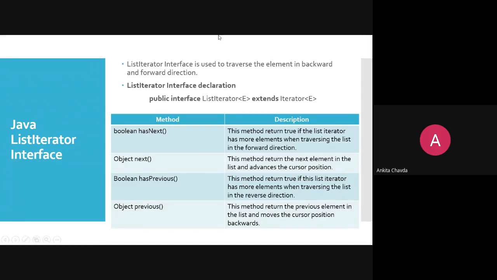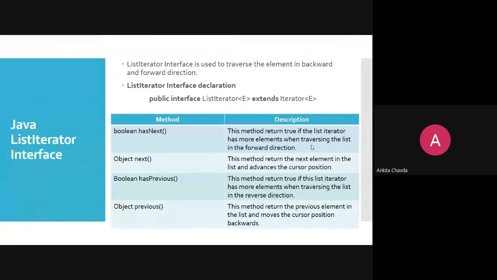So here we have four main methods of this class. First is hasNext. This hasNext method will only return whether in this list you have more elements or not. If the element is found, and still more elements are there, it will return true.